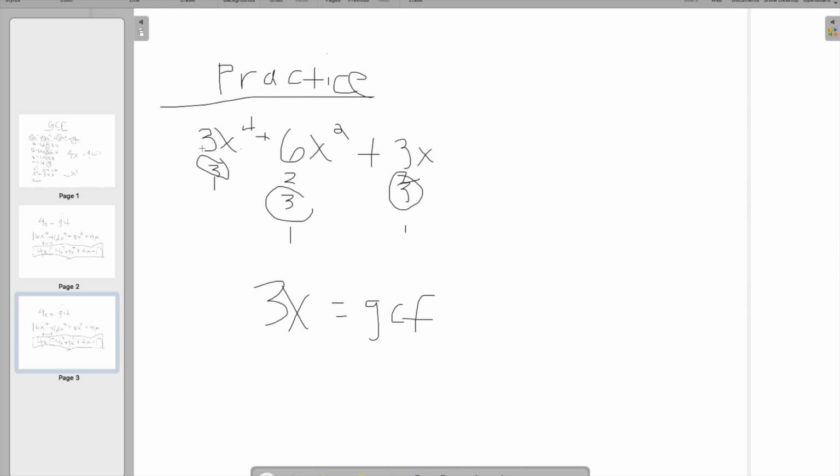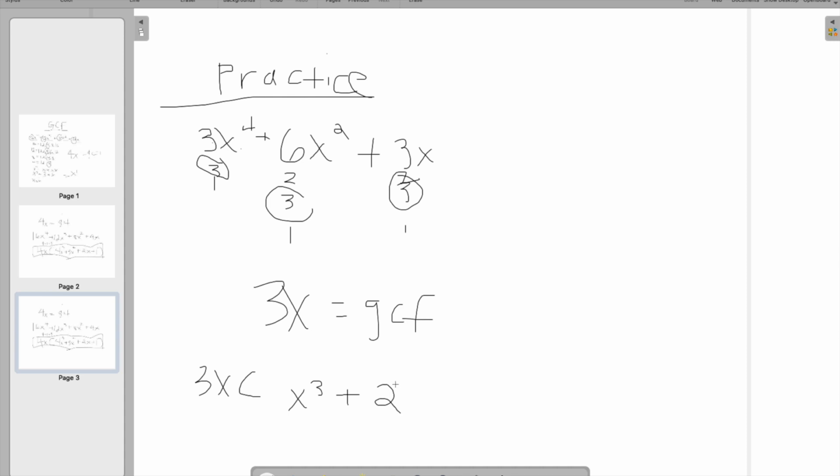And the next step is to put 3x out front and then a parentheses, and then 3 divided by 3, which is 1, and you don't need to write that, but x to the 4th power divided by x is just going to be x to the 3rd power, because 4 minus 1 is 3. And then plus 6 divided by 3, which is 2.